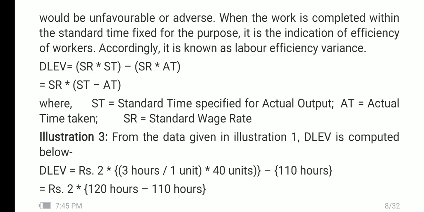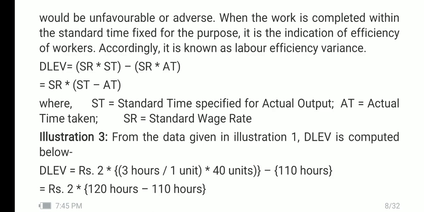Now, we can present it in the form of an equation. DLEV is equal to SR into ST minus SR into AT. It can also be simplified in this manner. Common is SR, standard wage rate. So SR into (ST minus AT). It is already explained in this equation.